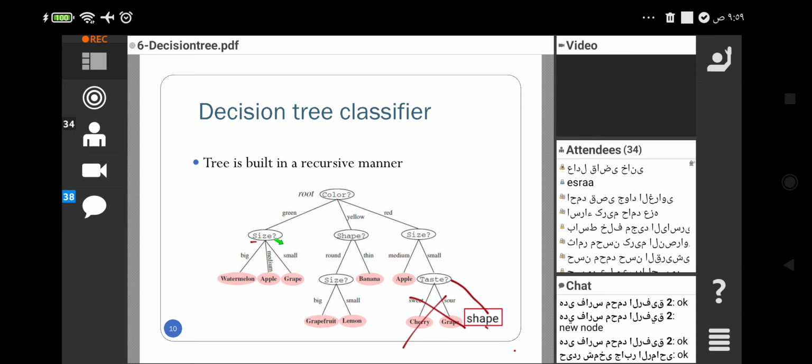In some of the branches, the attributes are finished and we don't have any attribute. But in some of the branches, we can grow the tree. It completely depends on the training data that we have. We are building the tree using the training data.